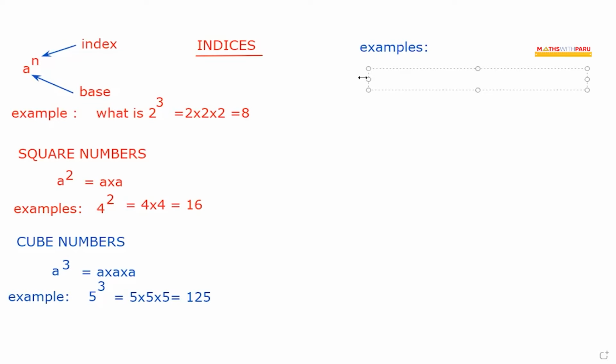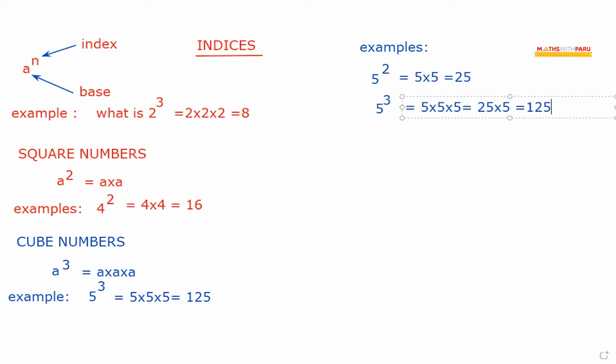What would 5 squared be? 5 squared is equal to 5 into 5, which is 25. If I asked you for 5 cubed, what does it mean? It means 5 into 5 into 5. We already know that 5 into 5 is 25. So we simply multiply 25 by 5 to get 125.